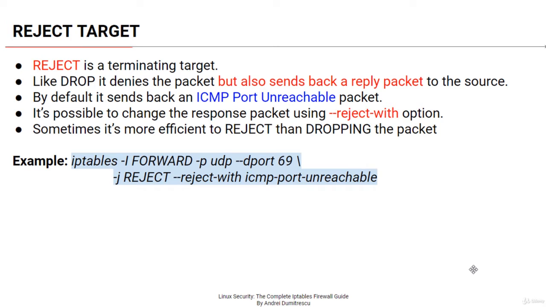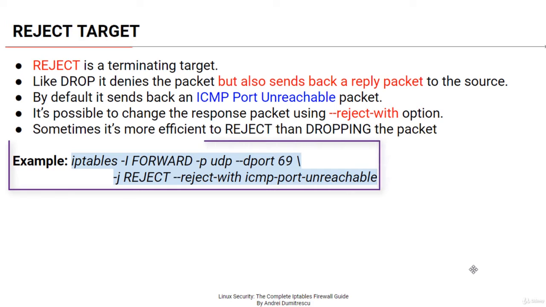The retransmission timeout is generally tens of seconds. By rejecting packets, TCP aborts the connection, and the application gets to know that the connection has failed after just one round-trip time. Contrary to popular belief, drop does not give better security than reject.